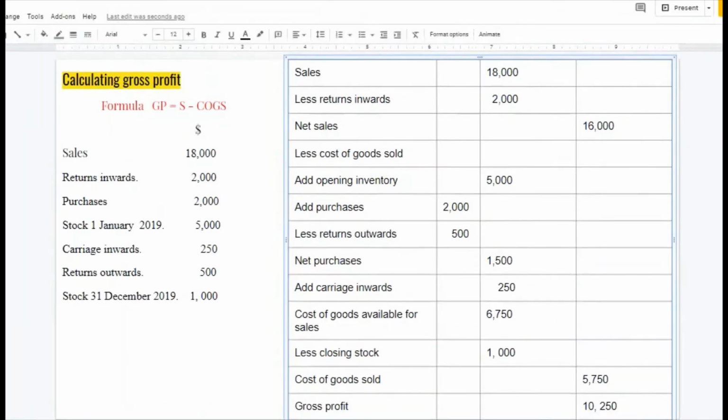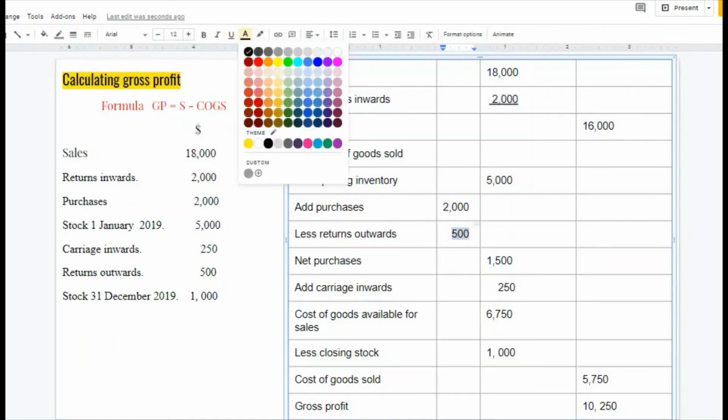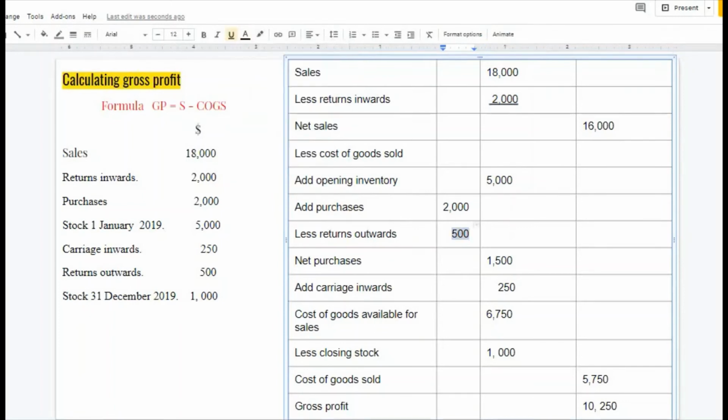All right, so we're going to go right ahead now and just put in some lines so you can clearly see. We subtract 2,000 from 18 and we arrived at 16. Then we subtract 500 from 2,000 and we end up with 15, which is our net purchases.